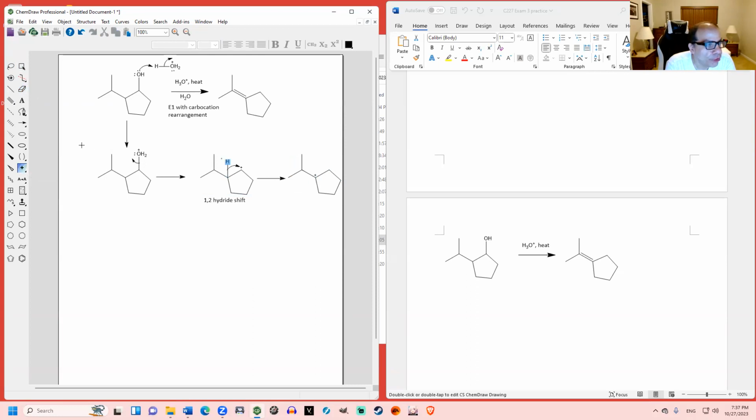And we're left with a tertiary carbocation. That means this carbon is now a CH2. One of those two hydrogens was there to begin with. The other one just moved over from next door.